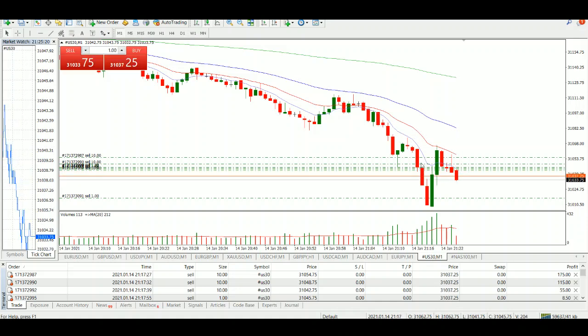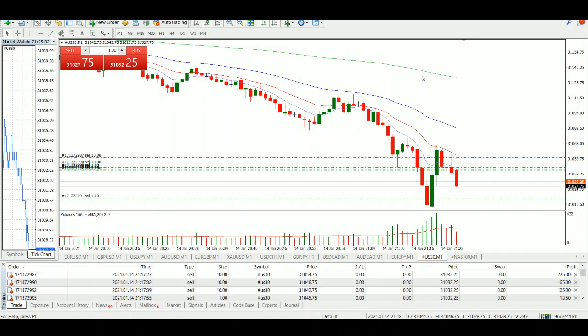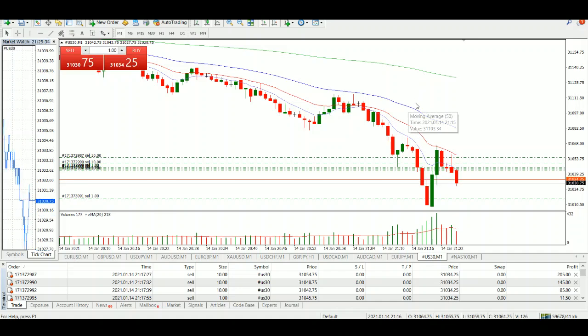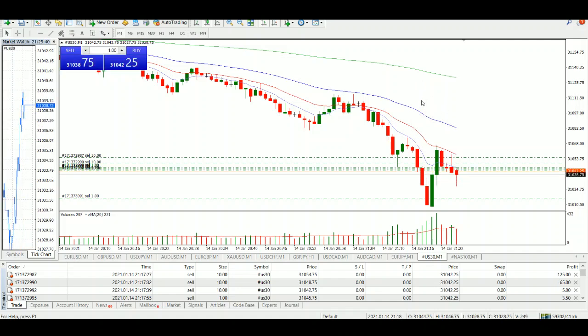Because of these large movements, EMA 9 is closer to the price, EMA 20 is also close, but not as much as EMA 9. EMA 50 is very far and EMA 200 is very, very far away from the price. So you have to analyze the market. Of course, you always have to know the main direction. Wherever the price is moving, you have to know the main direction of the price.